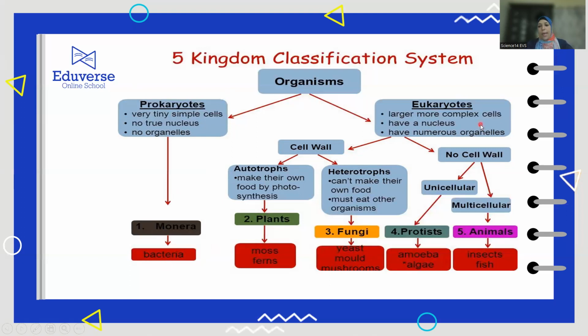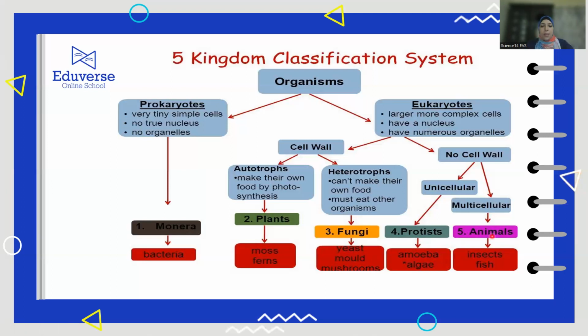What about eukaryotes which have no cell wall? Some of them are unicellular, like protists, such as amoeba, euglena, and paramecium, and all of these members are considered kingdom Protista. Multicellular ones are in kingdom Animalia, or animals. We have a lot of phyla in this kingdom, but this year we will study only one phylum, which is phylum Chordata, subphylum Vertebrata.